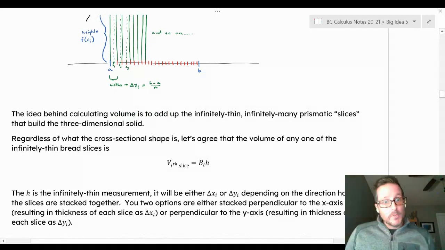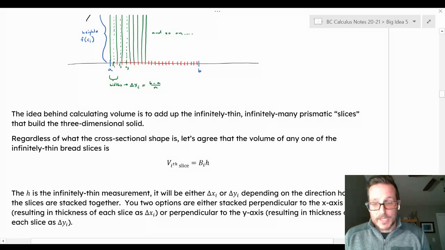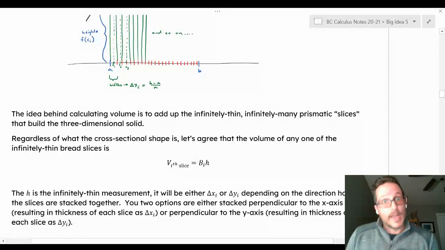We would see that each little bread slice is a prism with whatever shape as the base and a little tiny, infinitely small height. So the volume of the slice would just be the area of the shape, or area of the base, multiplied by the tiny little thickness, which is going to be some delta x or delta y, depending on the direction of how you stack your solid.